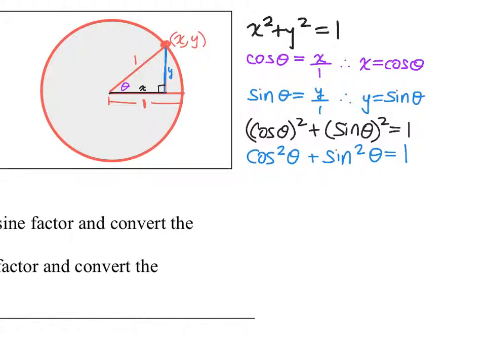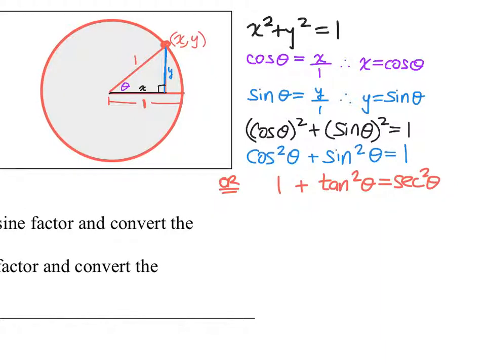But what this does is it creates a set of relationships, lots of relationships. It tells us that I can replace a cosine squared with an expression involving sine squared. If I manipulate this, if I divide each term by cosine squared, for example, I would get 1 plus tangent squared is equal to secant squared.